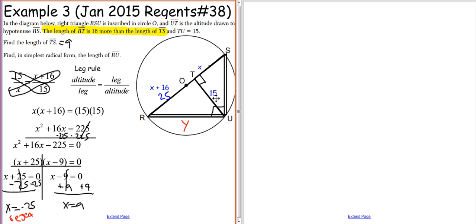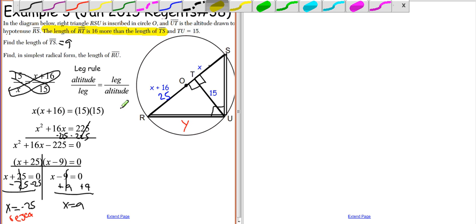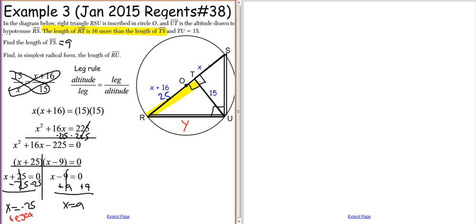So I can use the Pythagorean theorem to find y. Right, this is a right triangle here. Let me highlight it to make it more plain. This is a right triangle and y is the hypotenuse of it.